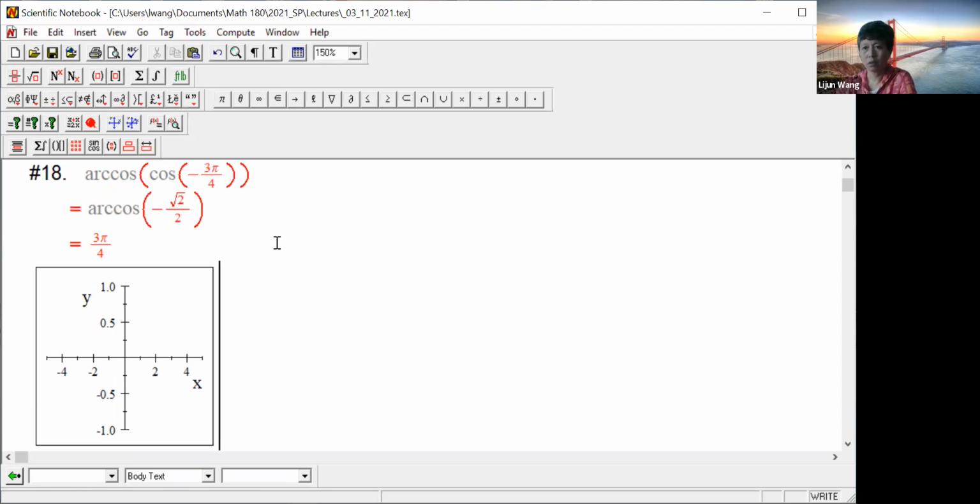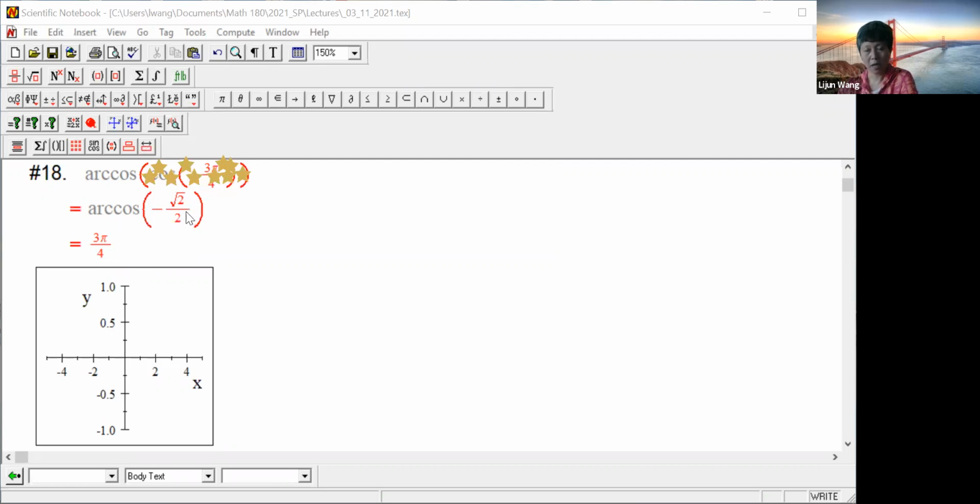And once again, you need to understand that with arc cosine, you should know what to expect. The answer is going to be between 0 and pi. Pi over 4 is a nice try, but you have to verify the details.